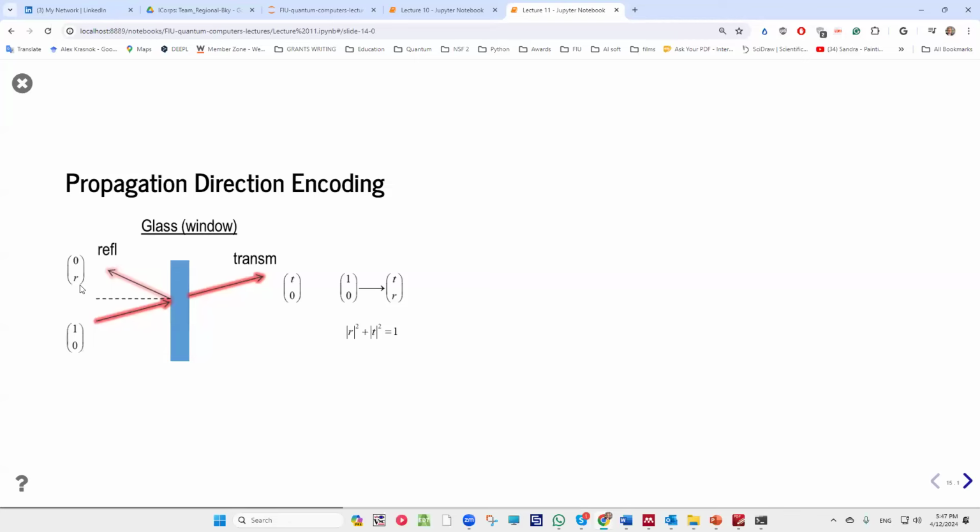Like if you come to a window at night, you will see your own reflection, right? So the window always reflects. And of course, one can say, oh, I have a number of photons here. Some photons propagate through, some photons for some reason reflect. And that's okay, but we can continue.